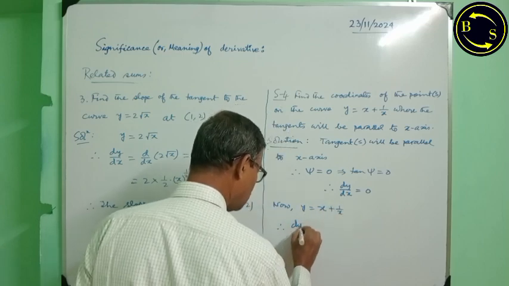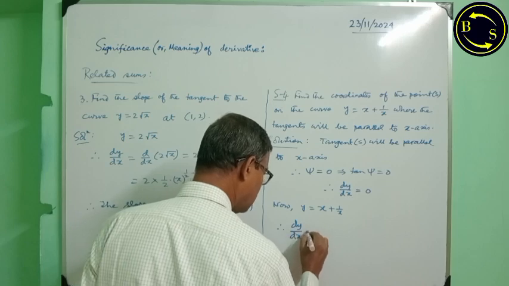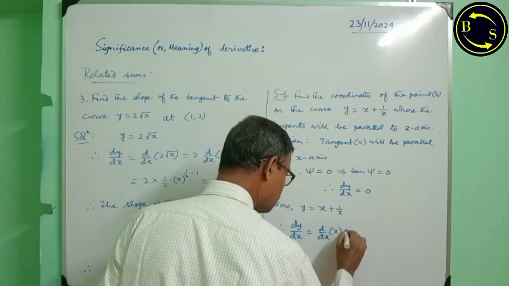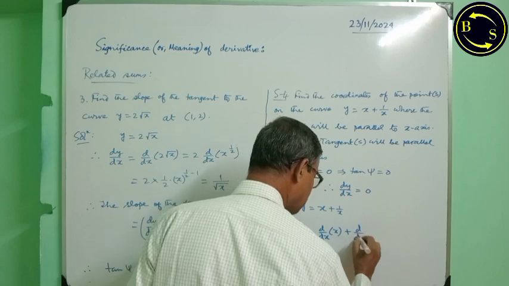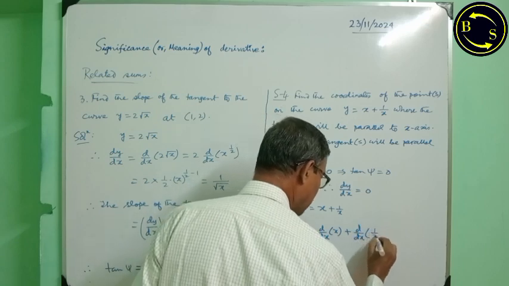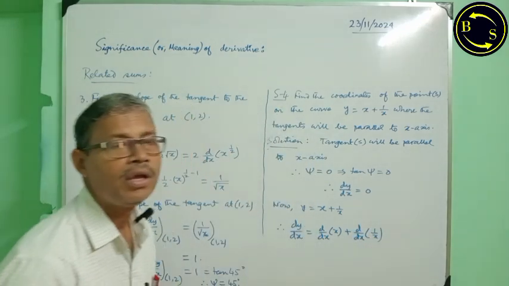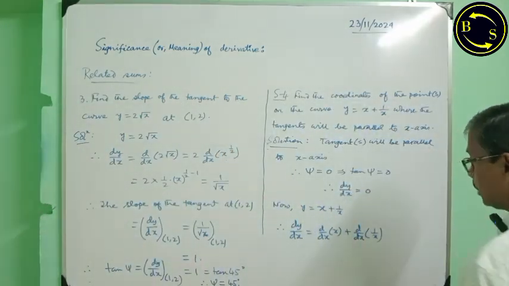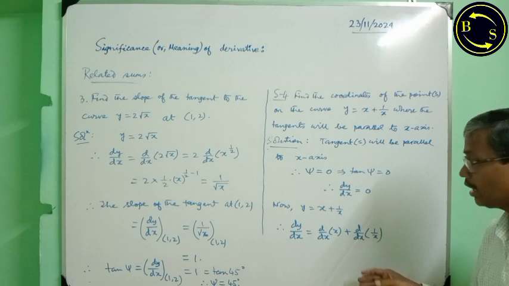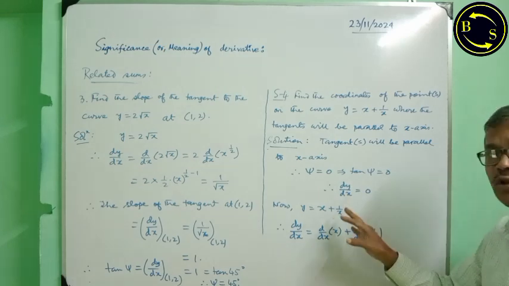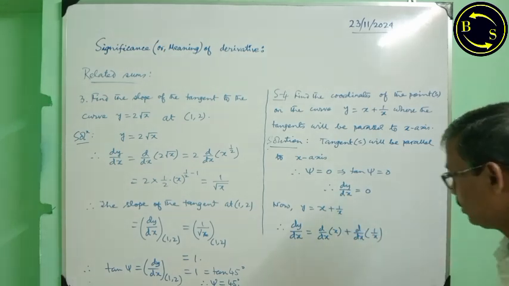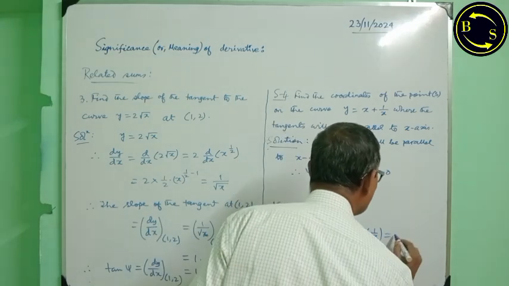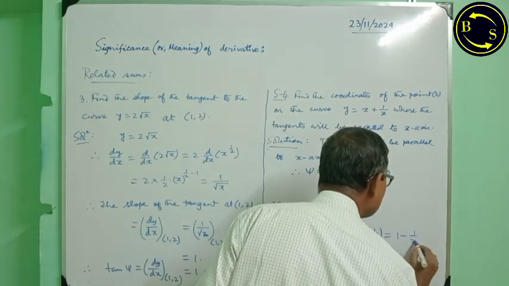Therefore, dy/dx is equal to d/dx of x plus d/dx of 1 by x. We can skip the steps like this. I have not written d/dx of whole. I have applied this one. Next step, that is 1 minus 1 by x square.